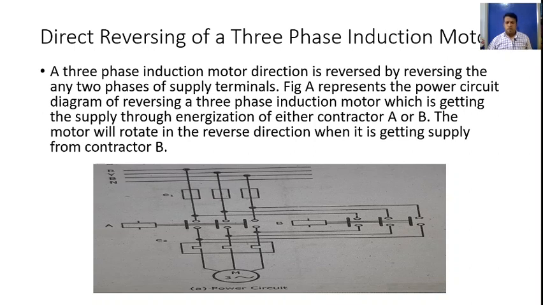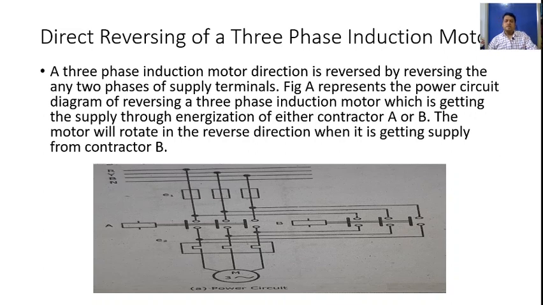If you observe here, contactor A is available and contactor B is available, and reversing is done by making the induction motor run from this particular contactor B circuit. A is connected and B is also connected. Whichever is required, we will use A or we will use B for closing the circuit, as we are getting the supply from the three-phase RYB and neutral, and the induction motor runs smoothly.